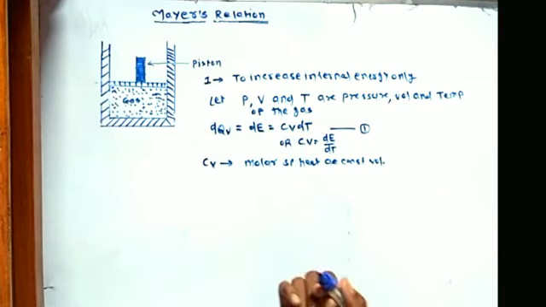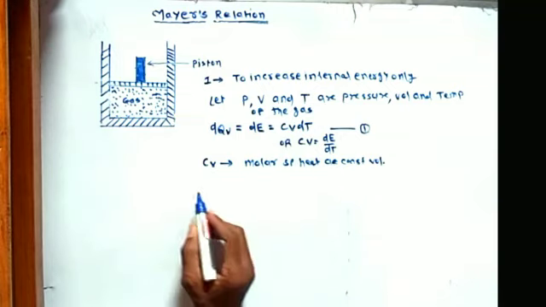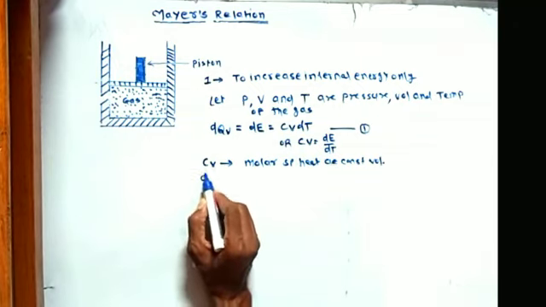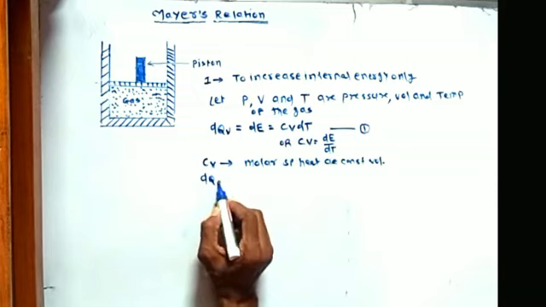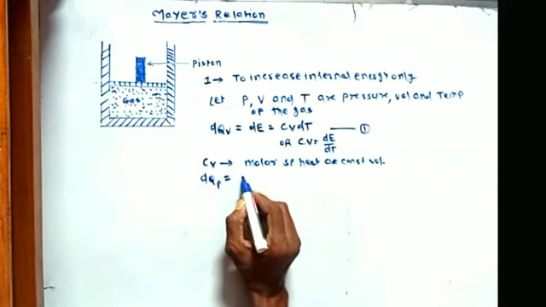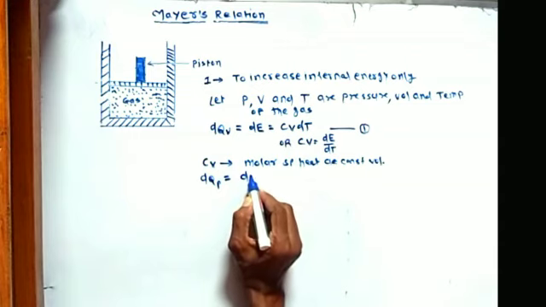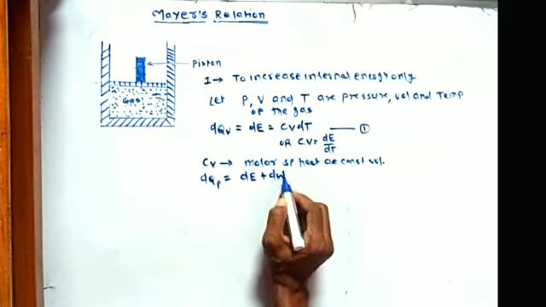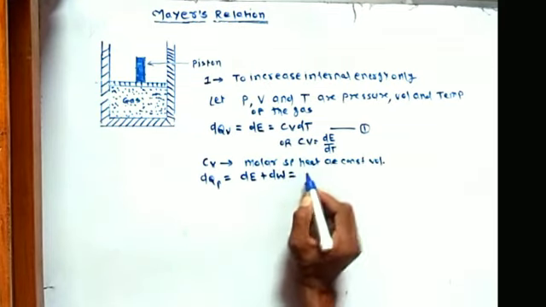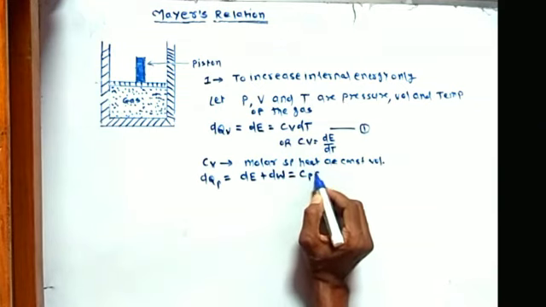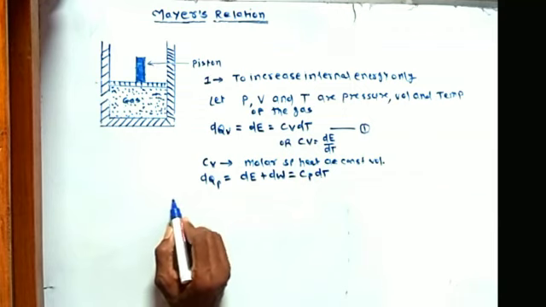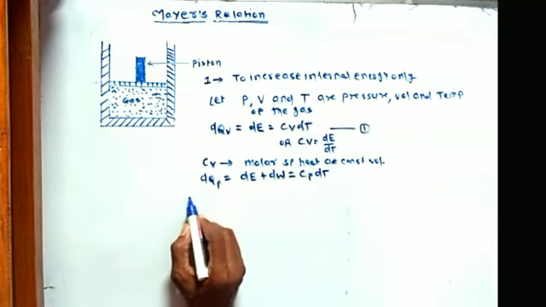So, the amount of heat required to raise the same temperature dT by keeping pressure constant is given by dQp, P for pressure, equal to dE plus dW equal to Cp dT, because the amount of heat absorbed by the gas is used for two purposes.